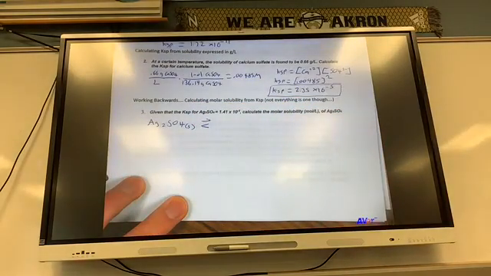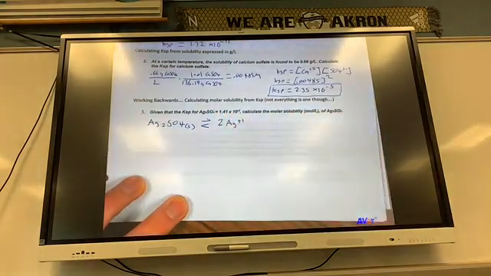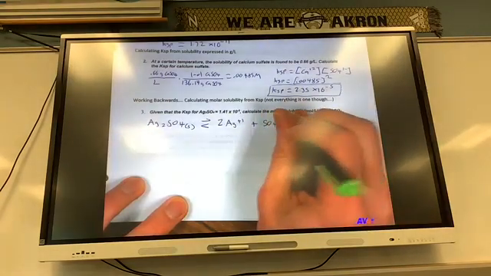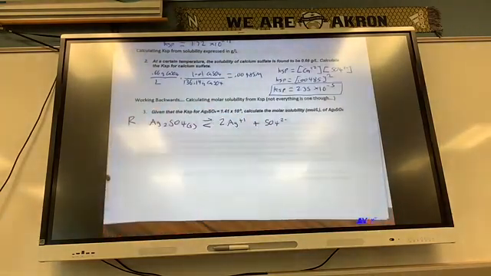Ag plus 1 and SO4. Be careful, it's 2 Ag plus 1. Agreed? You okay where that number came from? Plus SO4 2 minus. So that's my reaction.